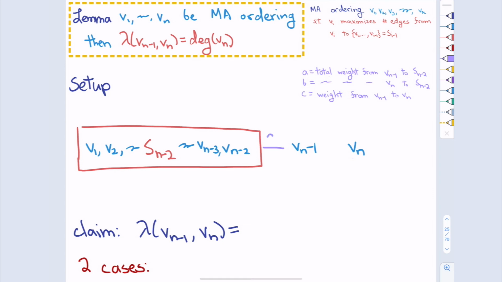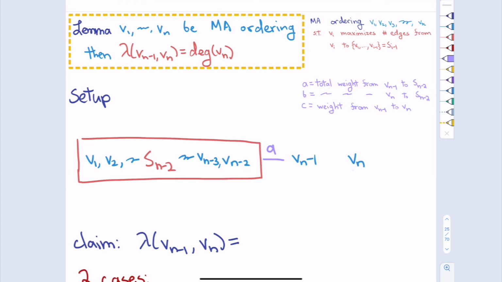I'm going to let A represent the weight of all the edges from Vn minus 1 to the preceding n minus 2 vertices. I'm going to let B represent the weight of all the edges from Vn to the first n minus 2 vertices. And then I will let C represent the weight between the last 2 vertices.